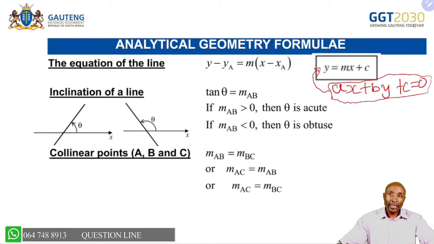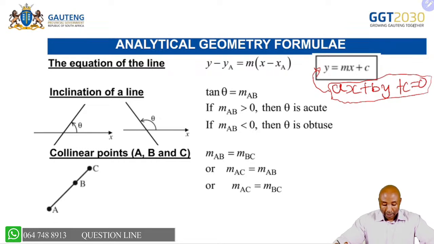Then we also have collinear points. Collinear points are defined as points that lie on the same straight line, and the common characteristic for our collinear points is that they have equal gradients. So if you are to prove that points are collinear, you are supposed to show that the gradient of AB is equal to the gradient of BC, which is also equal to the gradient of AC, whichever is easier for you to do.